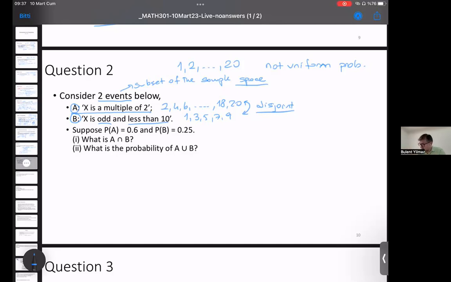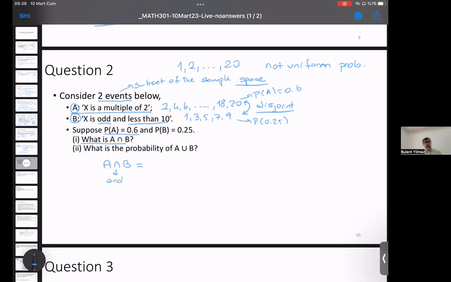So here is the question. Probability of A obtaining this is 0.6. Obtaining this is 0.25. What is A and B? Not or, right? It is and.